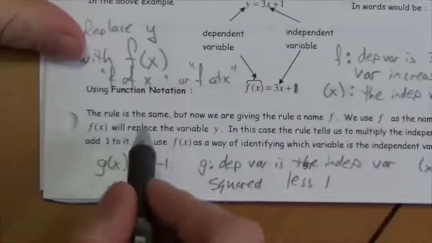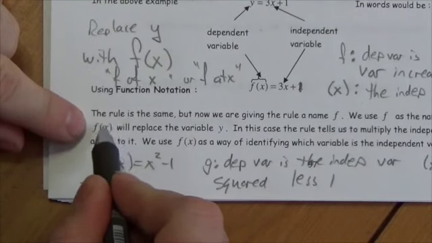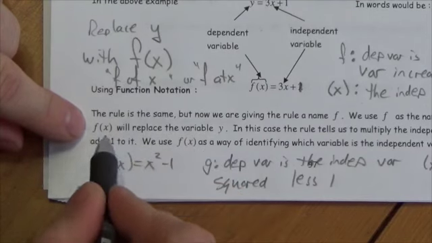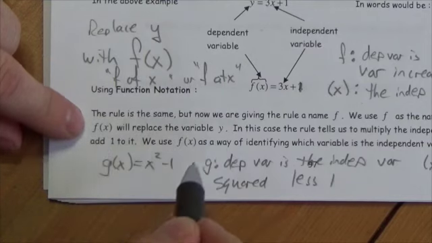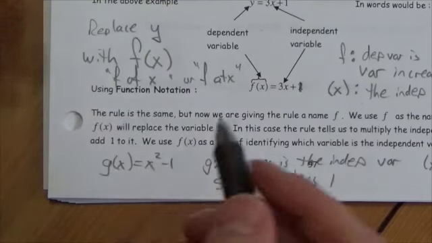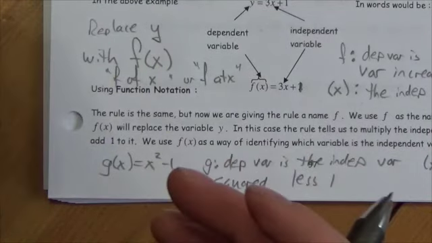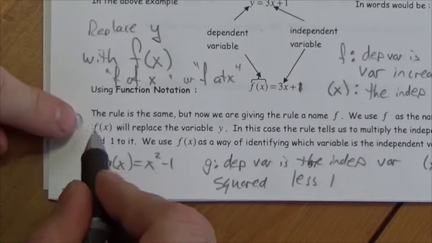And so now, altogether, the rule plus an idea as to what the independent variable is is going to replace the dependent variable y. This is exactly representing the dependence that y has. Up here, how does y depend on x? Well, you multiply 3 by x and add 1. So in this case, multiply by 3, add 1 is what f means.